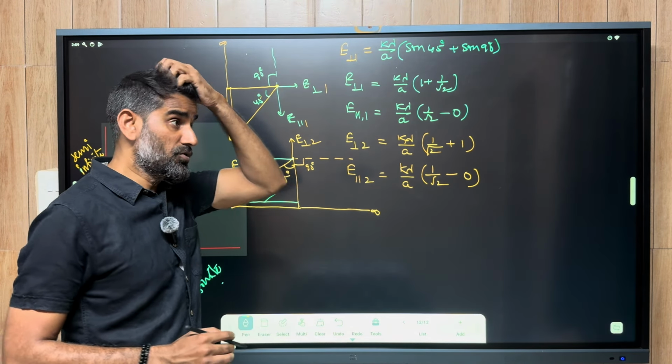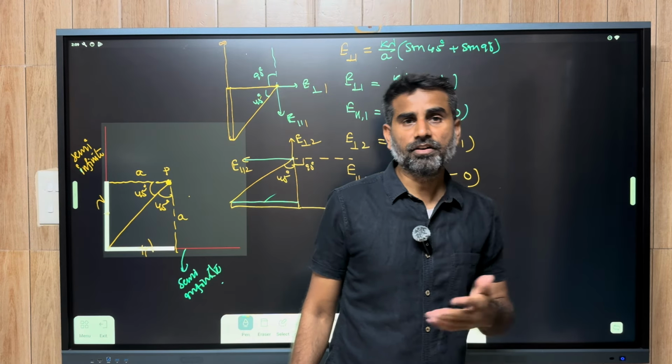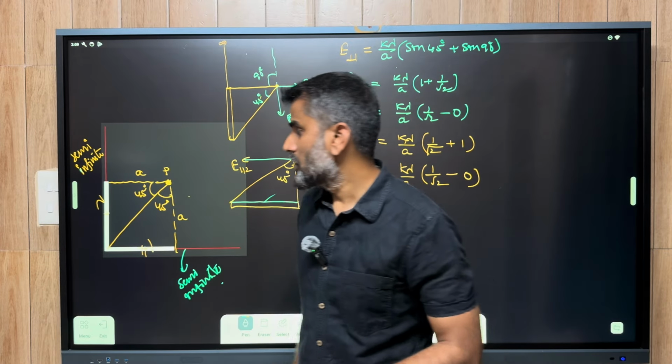I hope that the steps that I followed are clear to you. I'm using the direct steps because we have been discussing these two formulas for 5 or 6 slides, right?